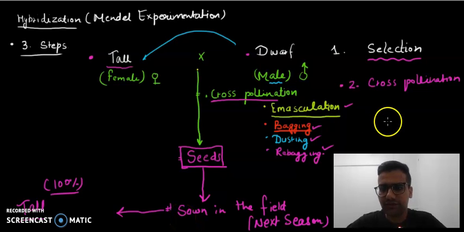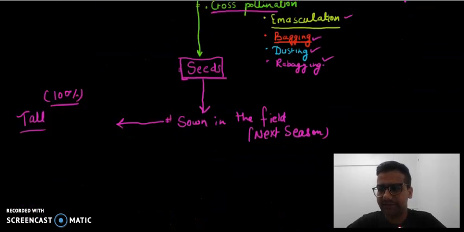Then Mendel collected these first progeny plants and did restricted self-fertilization.